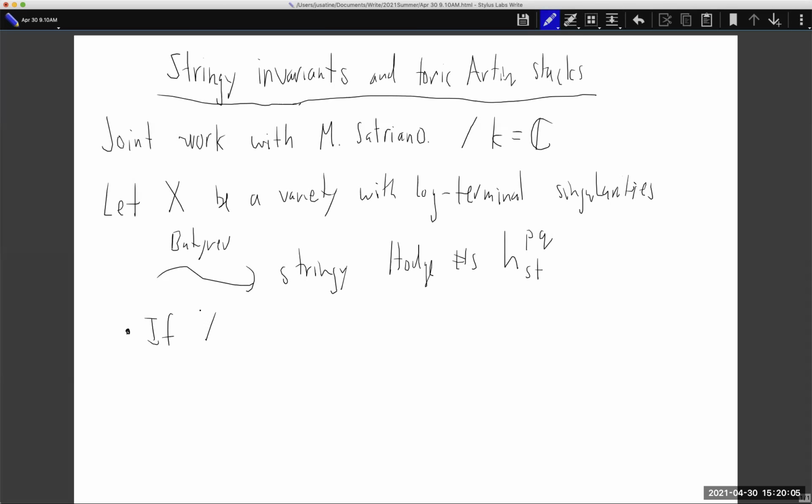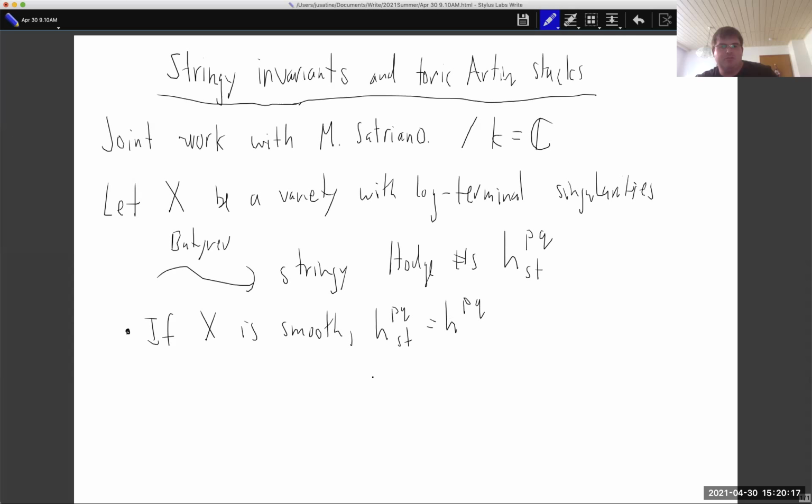So if your variety X is smooth, then the stringy Hodge numbers are just the usual Hodge numbers. If it's smooth or compact, or if it's smooth only? Is it also for open varieties? Yeah. So for smooth and compact, it's the usual Hodge numbers.